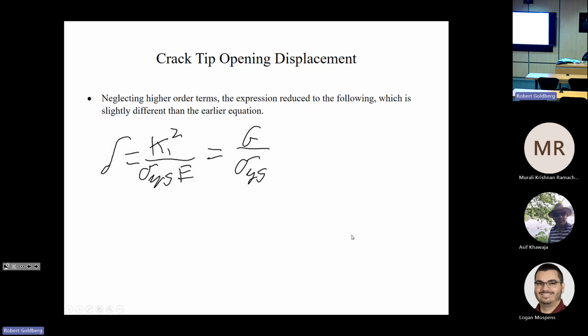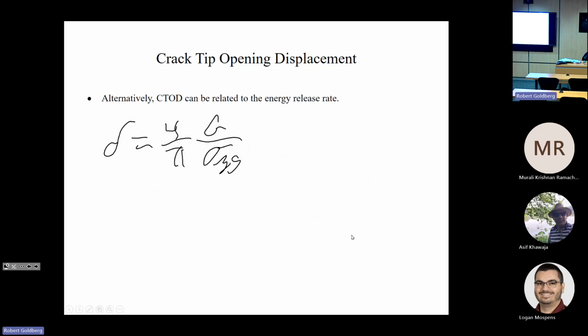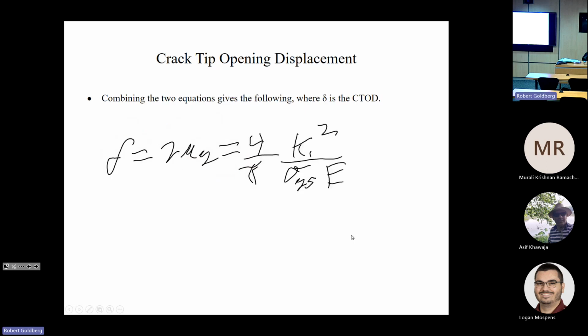And if you take this equation and compare it to what we did with the Irwin, it is pretty close.